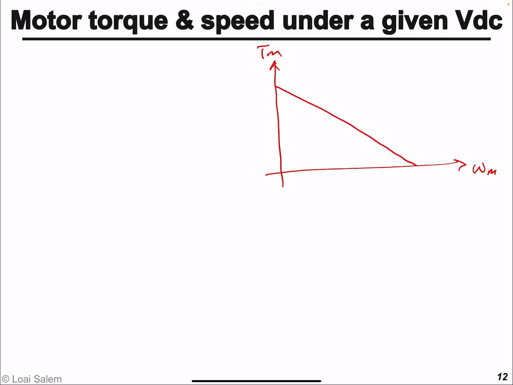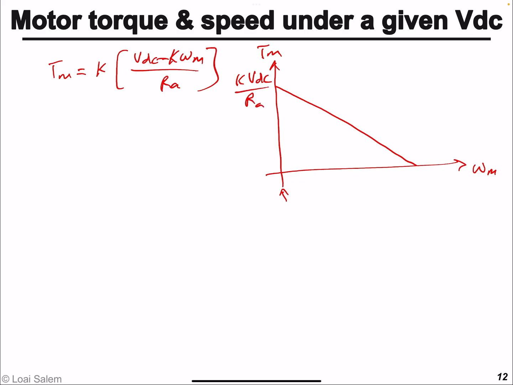Let's write the equations: the torque produced by the motor, or the electromagnetic torque, is K times VDC minus K times omega m, divided by RA. And so when omega m is 0 at this point, we'll have the torque equal to K VDC divided by RA.